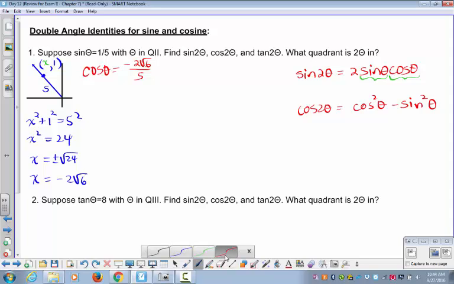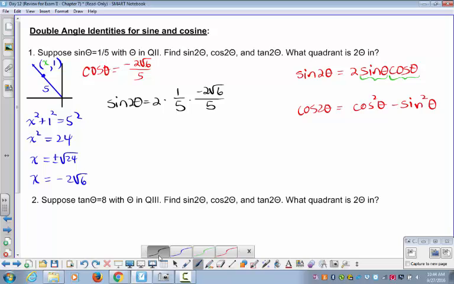So now we're golden. We've got sine of 1 theta. We've got cosine of 1 theta. We've got our two identities. Now we just plug and chug. So sine of 2 theta will be 2 times sine of 1 theta, we said was 1/5. Cosine of 1 theta is minus 2 root 6 over 5.